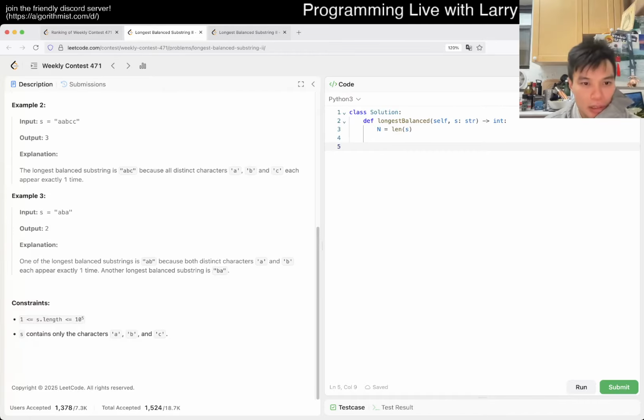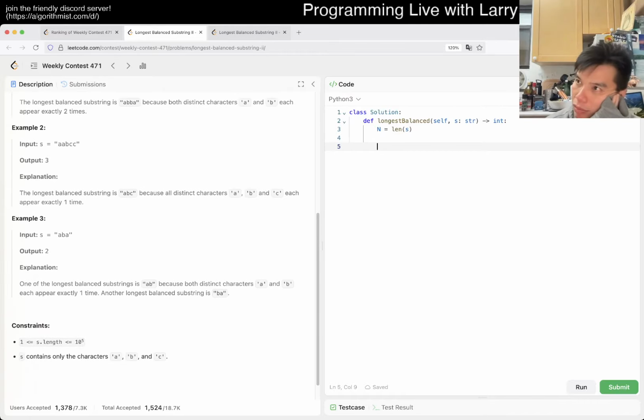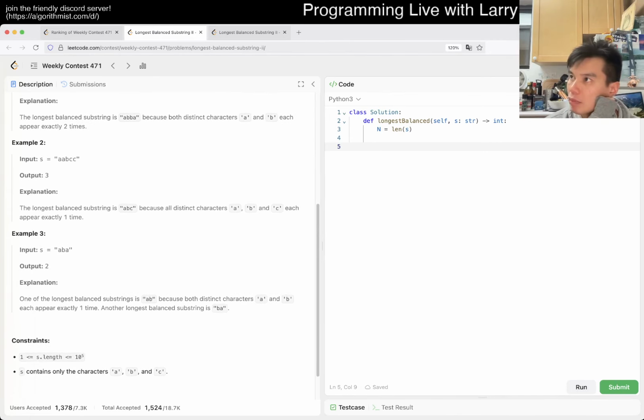Got it. I mean, still, as big as the entire thing, right? It's not binary searchable.